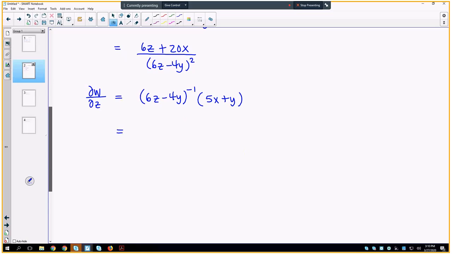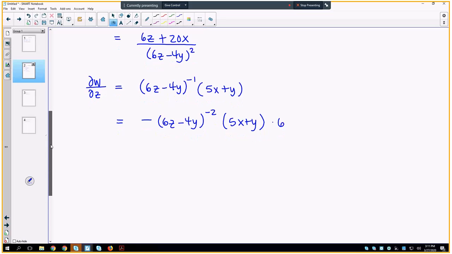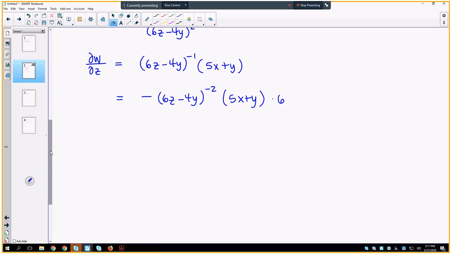So we're going to have minus 6z minus 4y to the negative 2. And then we're going to multiply by 5x plus y and the derivative of the inside, which is 6. Now moving this back to the bottom, my fraction is going to be over 6z minus 4y squared. And on top, I have 30x plus 6y, and the whole thing is negative.